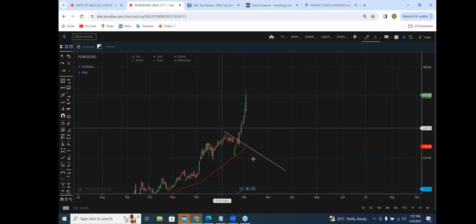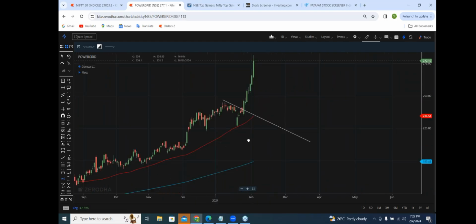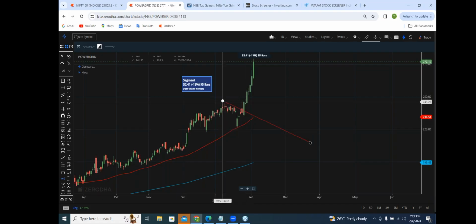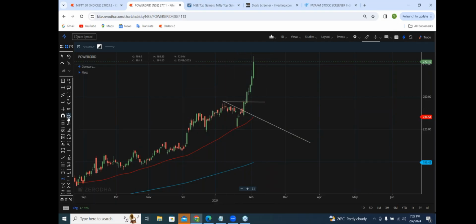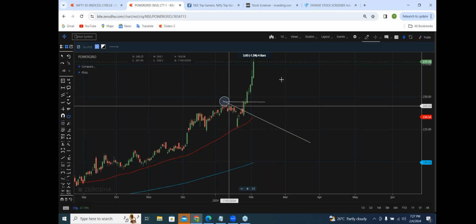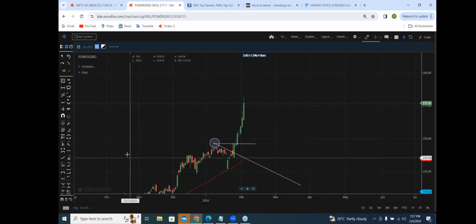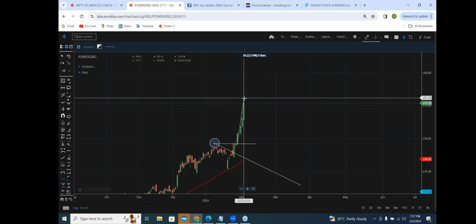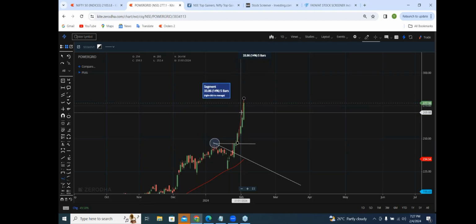So there was a bearish trend line here, and we have a beautiful green candle which closed above this, and moreover it breached the previous swing high resistance also. So look at the beautiful movement, not even a single red candle. 14% return.